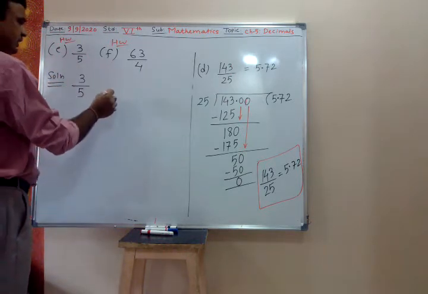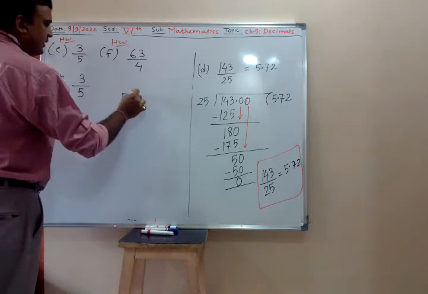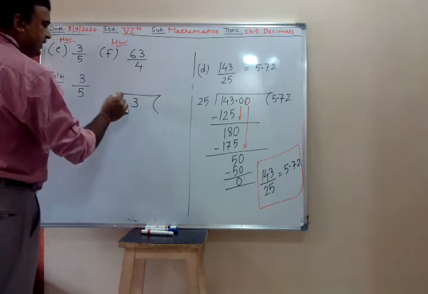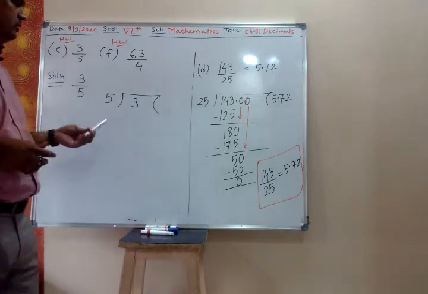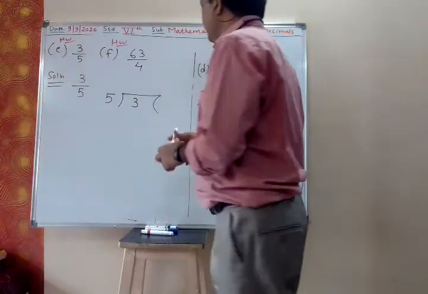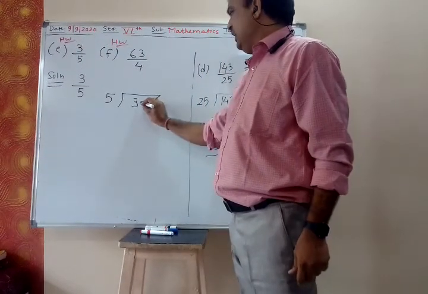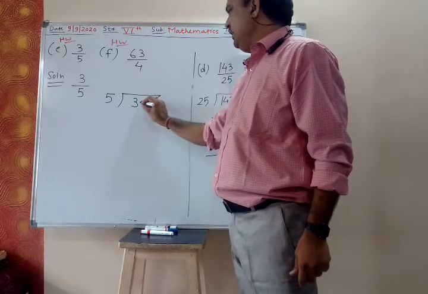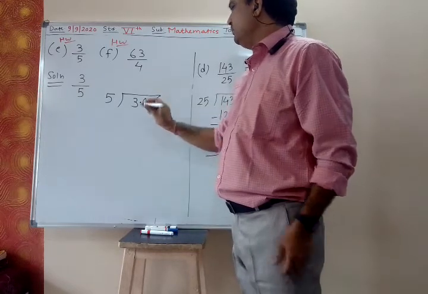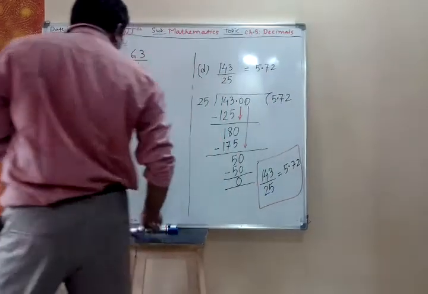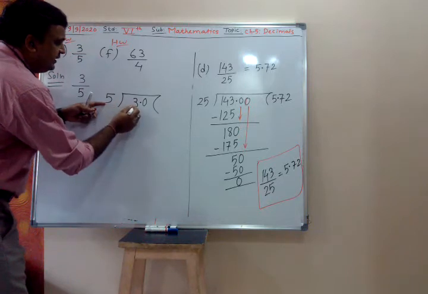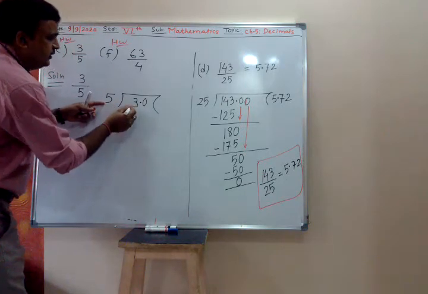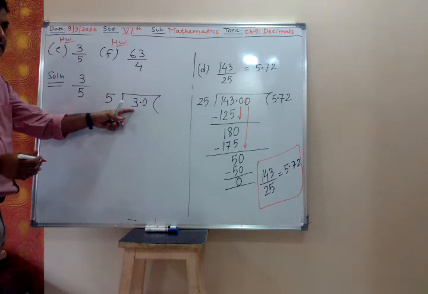We have to divide 3 by 5. We write the point and then we add 0. First it is 5 and then it is 3. So this 3 is smaller.